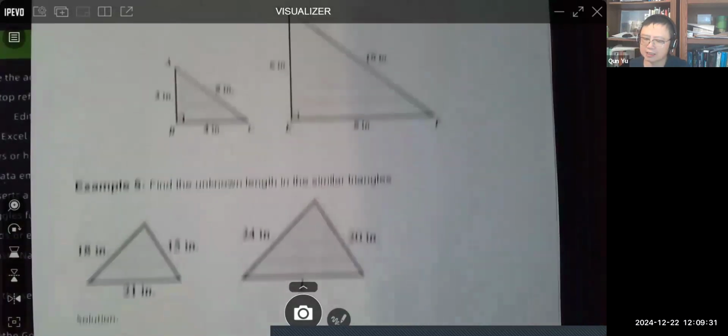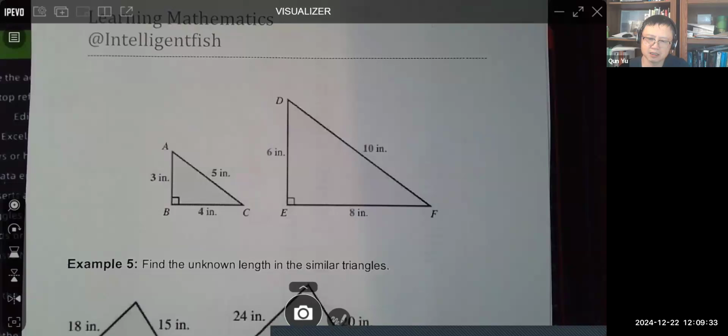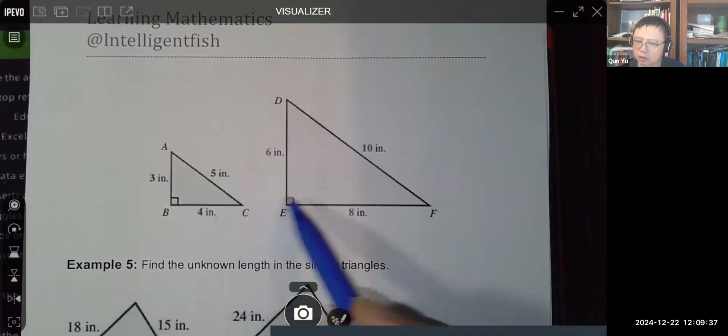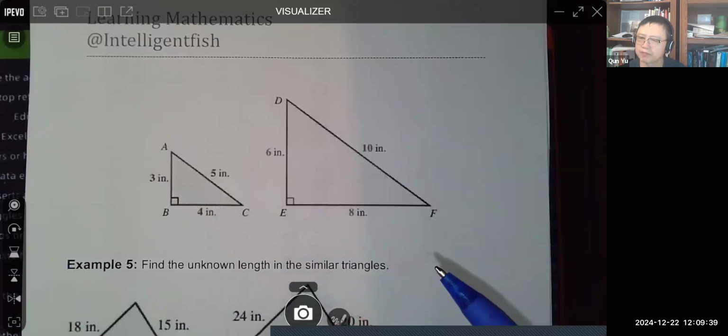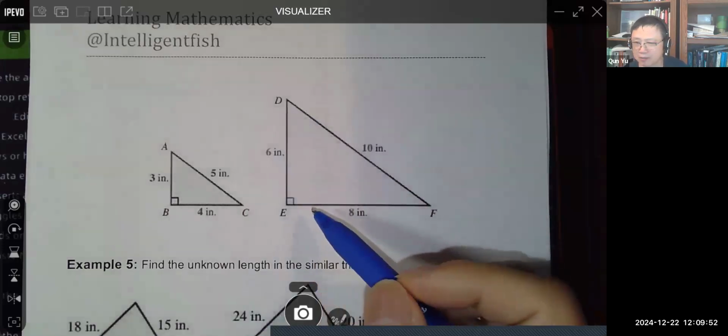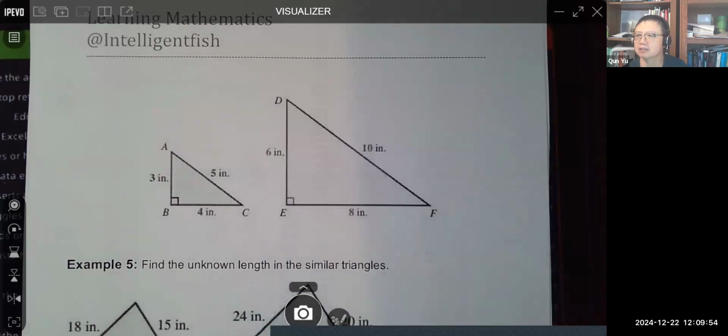Now this is one demonstration just to illustrate that definition. If we look at these two triangles, they are the same shape. But same shape is not a very strict way to identify similar figures because human eyes are not that perfect. If they are a tiny bit different in shape, nobody can detect it.